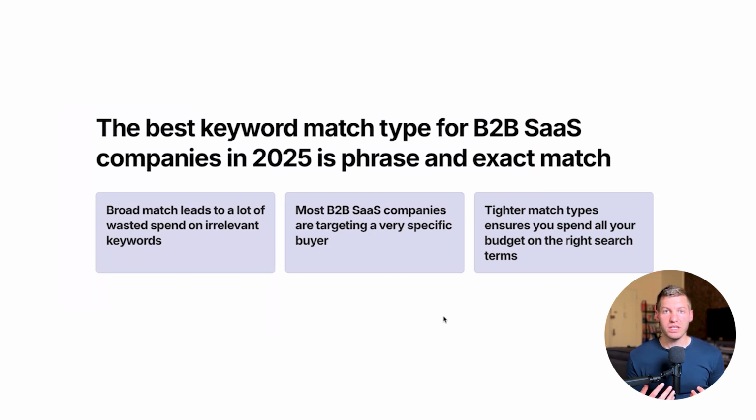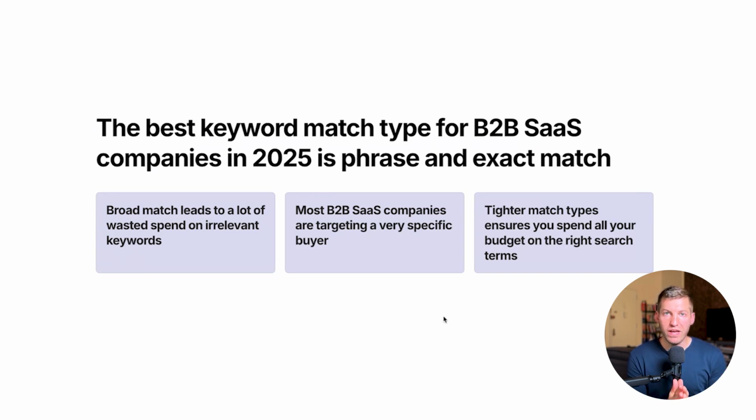If you were selling a service like house cleaning or shoes, Google understands that. It has data for decades around people searching that, and it could probably do a good job with its AI of picking up signals to understand the right people to target. But when it comes to specific software that is brand new, Google doesn't really know what that is and doesn't know who your buyer is. So it can't effectively match your keywords with the themes that people are searching.